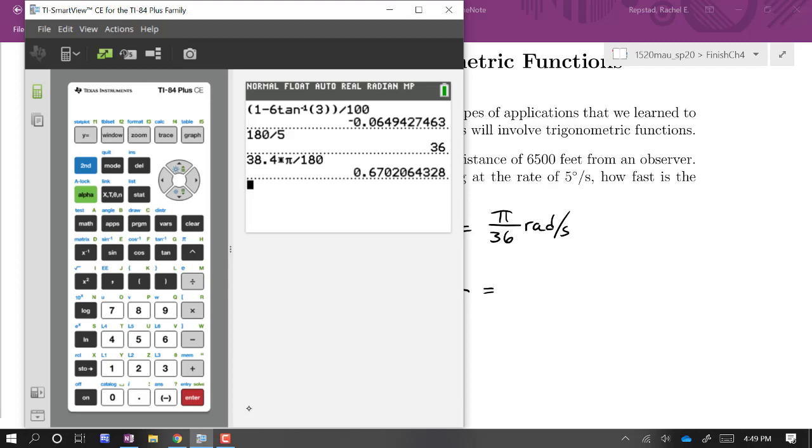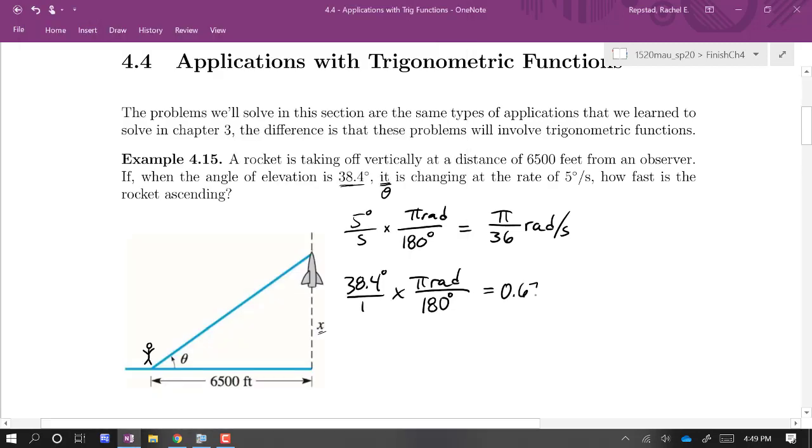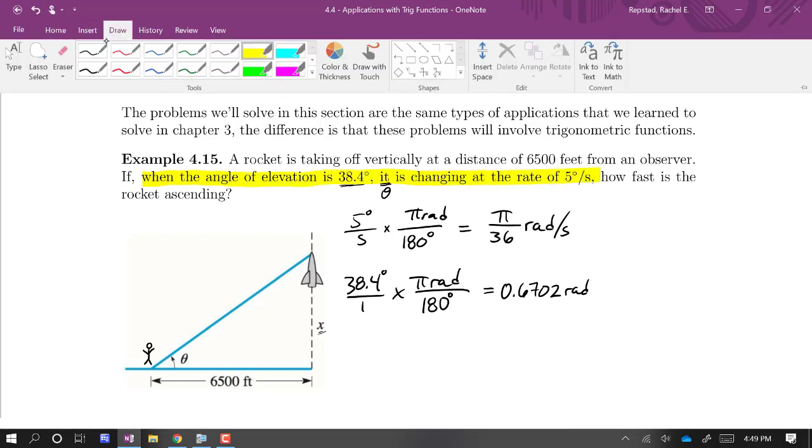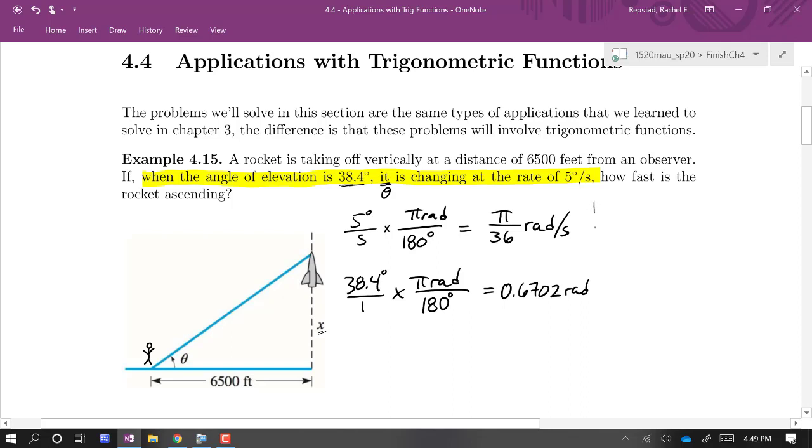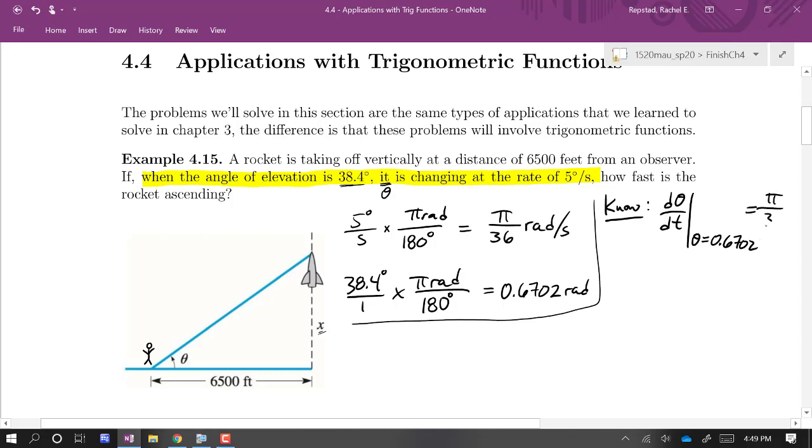You get 0.6702. So now let's put this together. They said when the angle of elevation is 38.4 degrees, it's changing at 5 degrees per second. That means that what we know is that d theta dt, when theta is 0.6702, is equal to pi over 36.